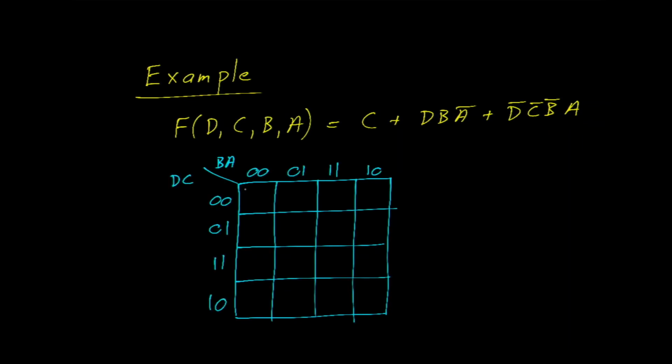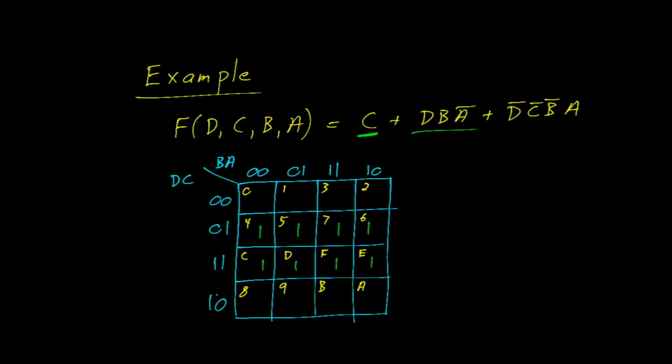To save a little time, I'll write in the minterms this time. The first term is C. Looking at the K-map, we see that C exists only in these two rows. We can therefore put a 1 for minterms 4 through 7 and C through F.